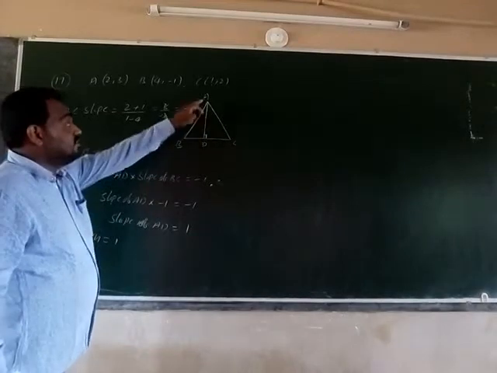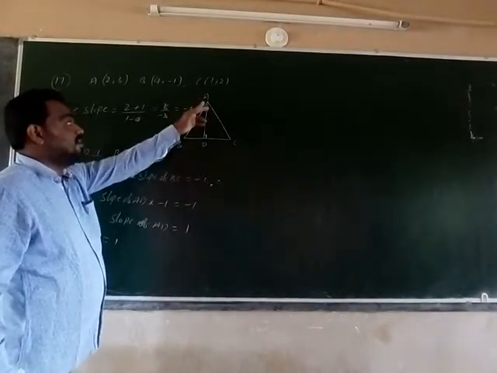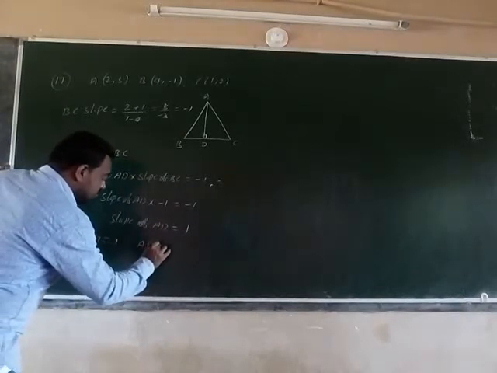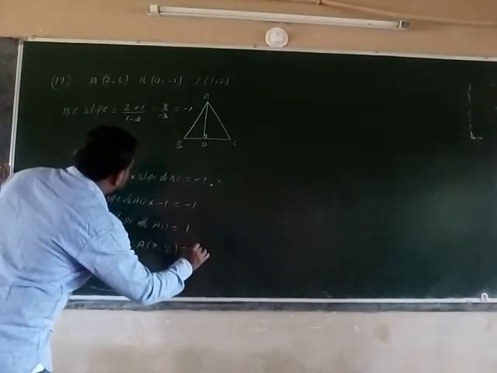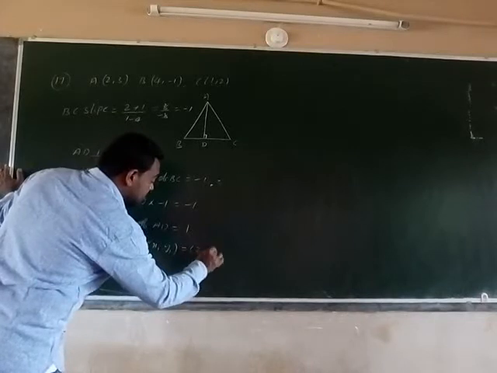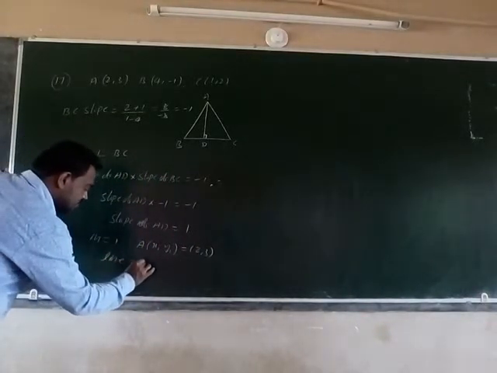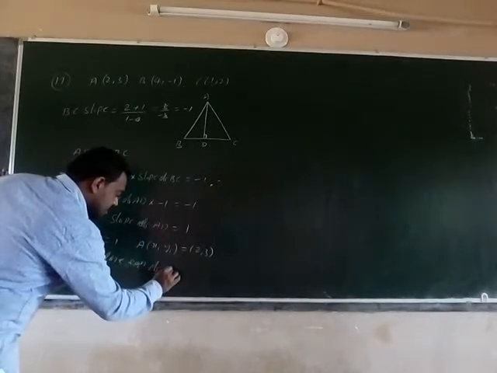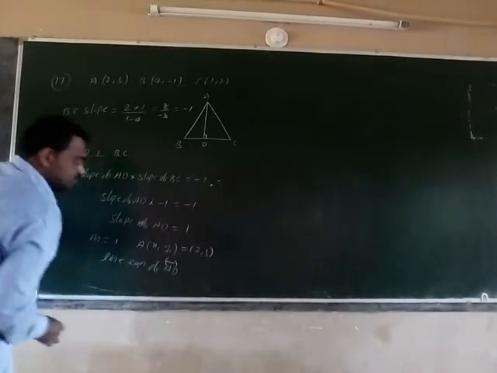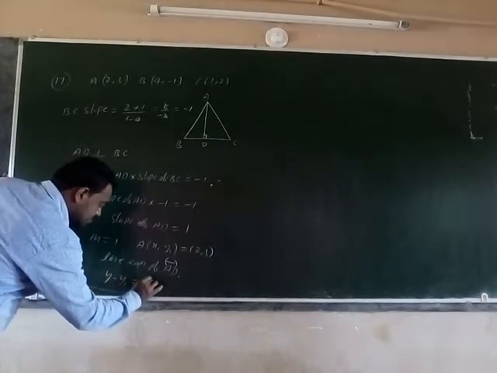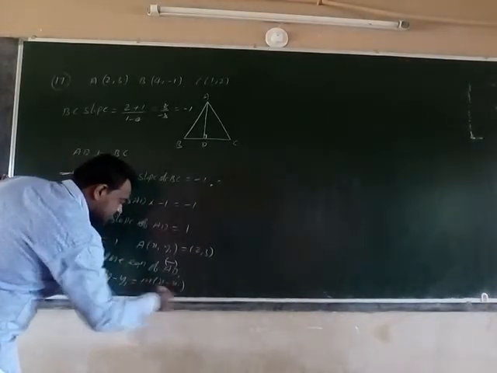And this AD line is passing through which point? Point A. So we take the A coordinates as x1, y1, that is 2, 3. Now, what is the line equation of AD, which is nothing but the altitude? y minus y1 is equal to m into x minus x1.